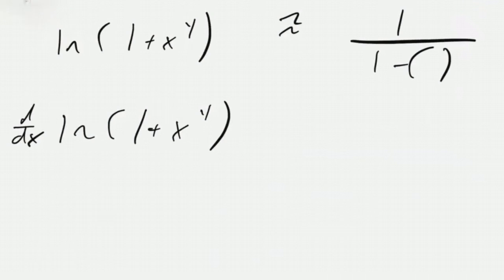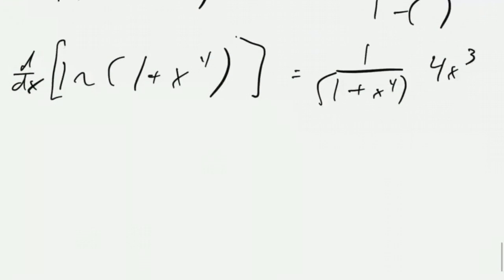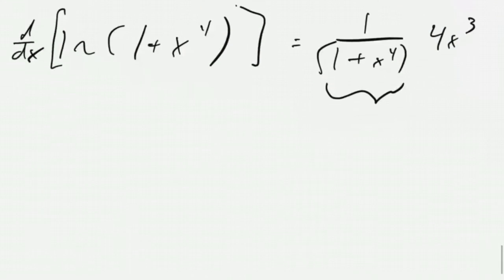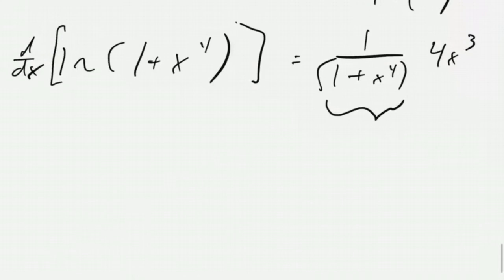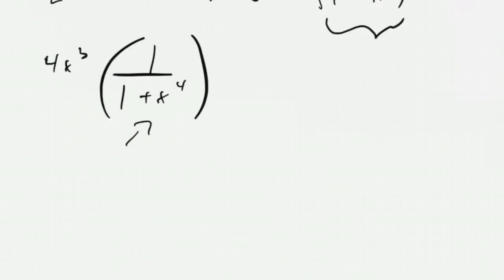If I differentiate this thing, I end up with 1 over 1 plus x to the fourth times 4x cubed, right? Chain rule. Okay. I can find a power series for this part. So let's find a power series for 4x cubed times 1 over 1 plus x to the fourth. Power series for this thing is, okay, and then I got a 4x cubed up front.